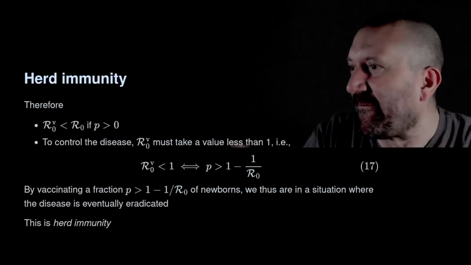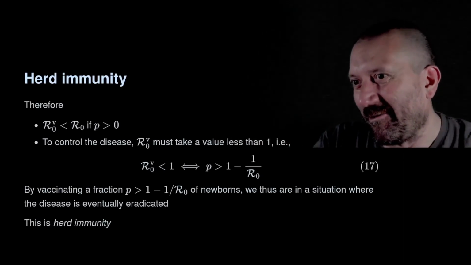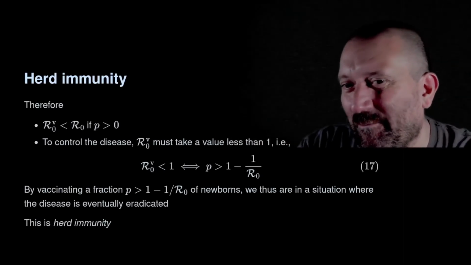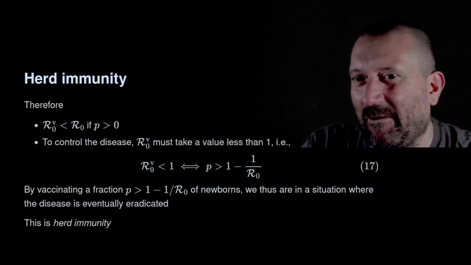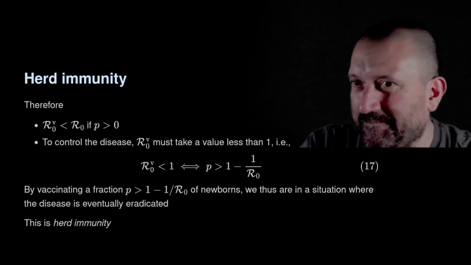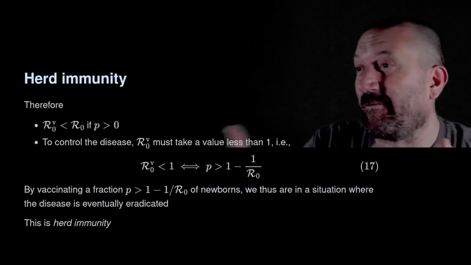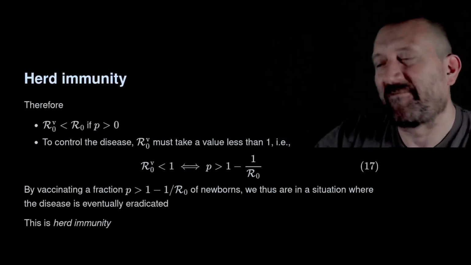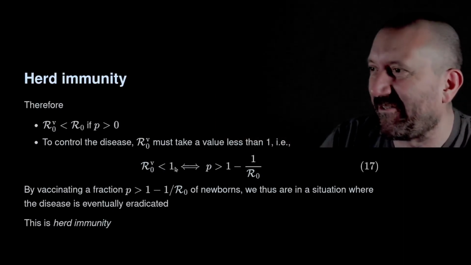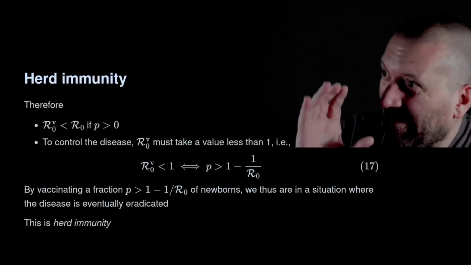So with this very simple model, and there are a lot of caveats here, you only need to vaccinate 1 minus 2/3, so a very small fraction of the population will suffice. Of course, it's much more complicated than this, and this is an approximation.